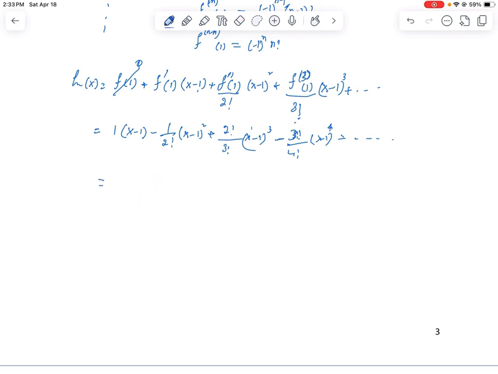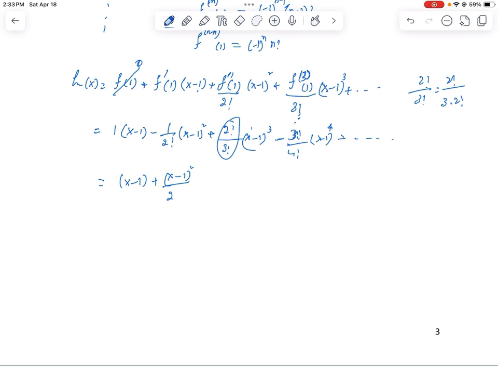So first term is x minus 1 plus x minus 1 whole square over 2. 2 factorial is 2. Now 2 factorial over 3 factorial becomes 1 over 3. The bottom can be written as 3 into 2 factorial, so 2 factorial cancels out.